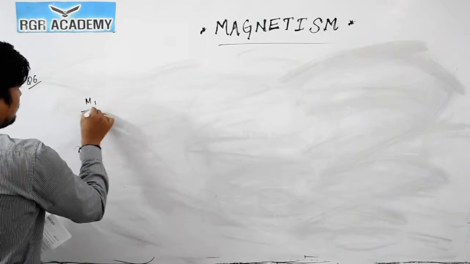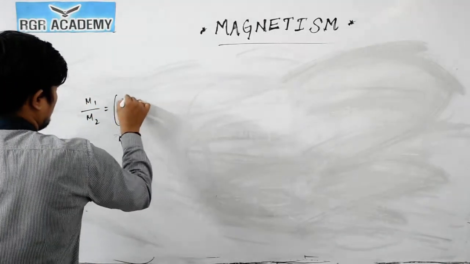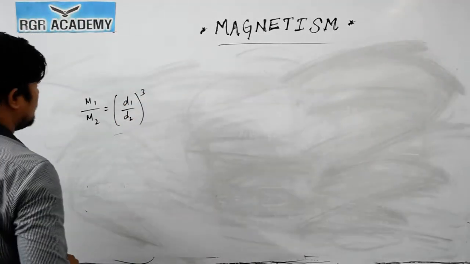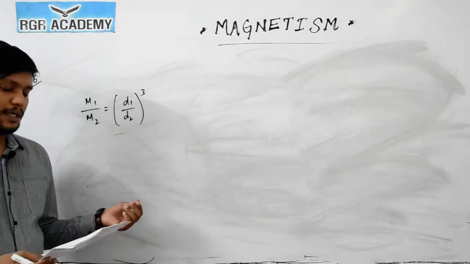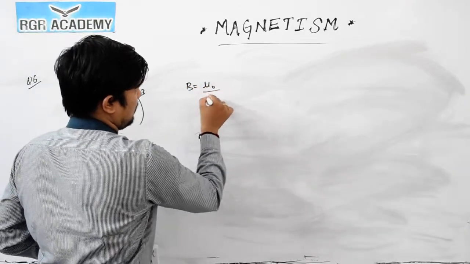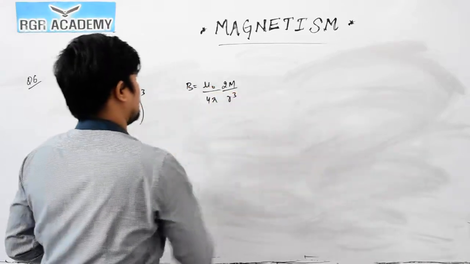M1 by M2 should be equal to D1 by D2 cube. Okay, because we know that the formula of magnetic field is mu naught by 4 pi 2m by r cube on the axis.